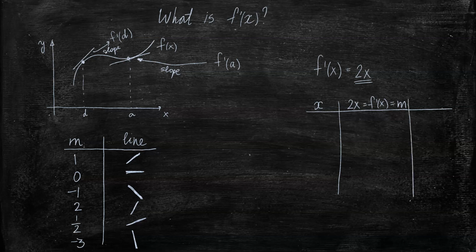And again, this is what we previously learned in Calculus 1. So when x is equal to 0, 2x will be equal to 0, and therefore the slope of the tangent line will be equal to 0. When x is equal to 1, then the slope of the tangent line will be equal to 2. And vice versa. So this is what we know.